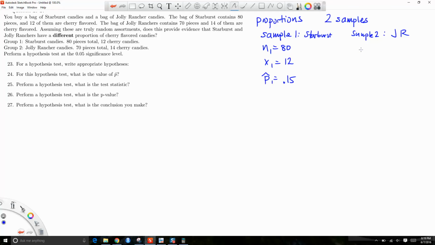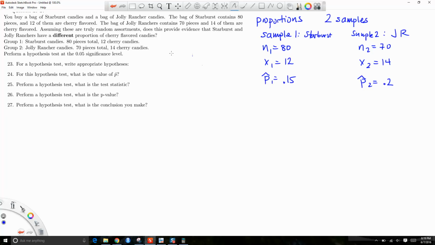For sample 2, the Jolly Ranchers, n2 is 70 pieces. Our x2 is 14 cherry candies, so our p hat 2 is 14 over 70. We got 20% cherry candies for the Jolly Ranchers.